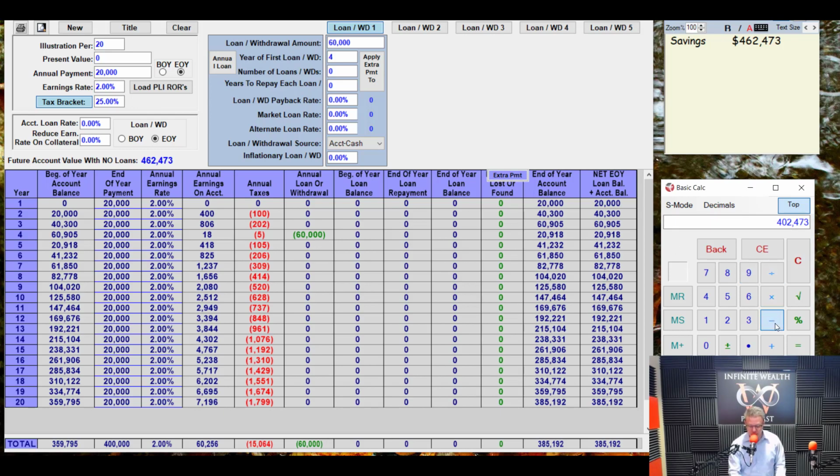And in essence, let's just see what that opportunity cost is. 385, 192. Okay, you lost the opportunity to earn $17,000. Thus, that down payment didn't cost you $60,000. It actually cost you $77,000.